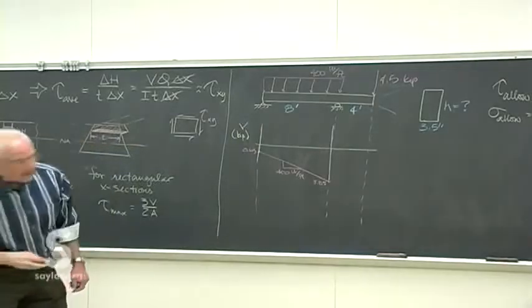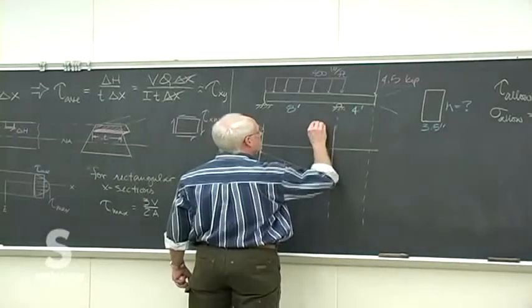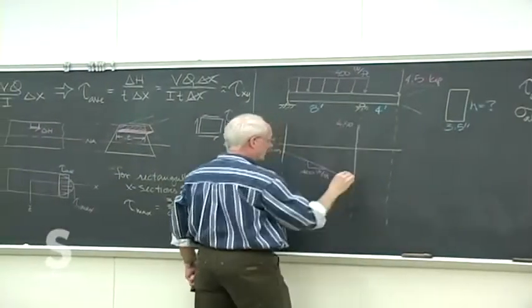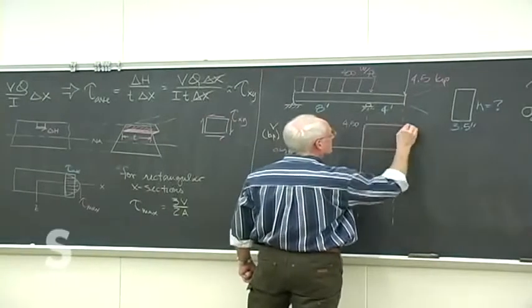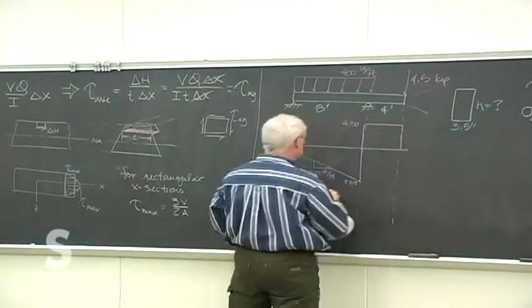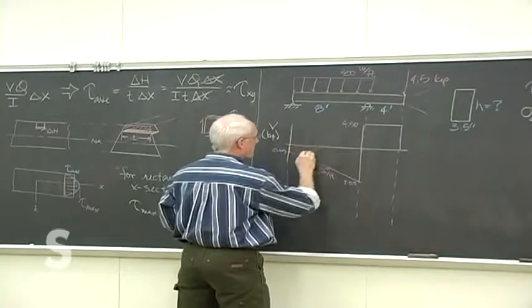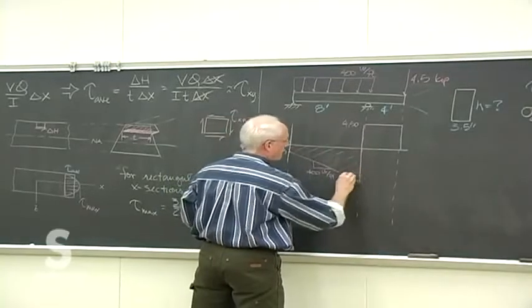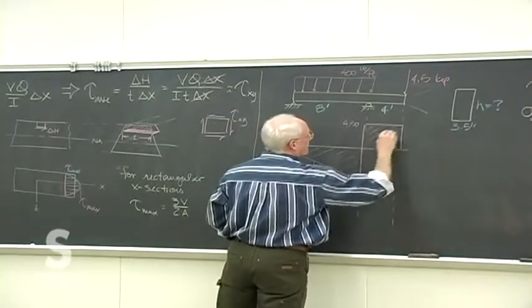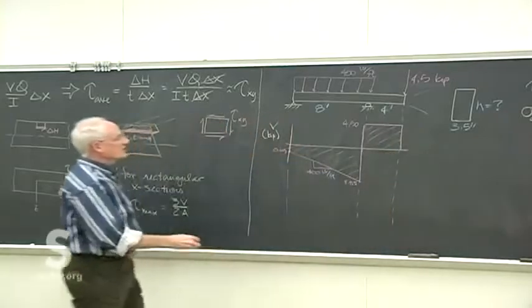It jumps up to about 4.5 kip. So that's our worst case shear there then. So there's our shear diagram.